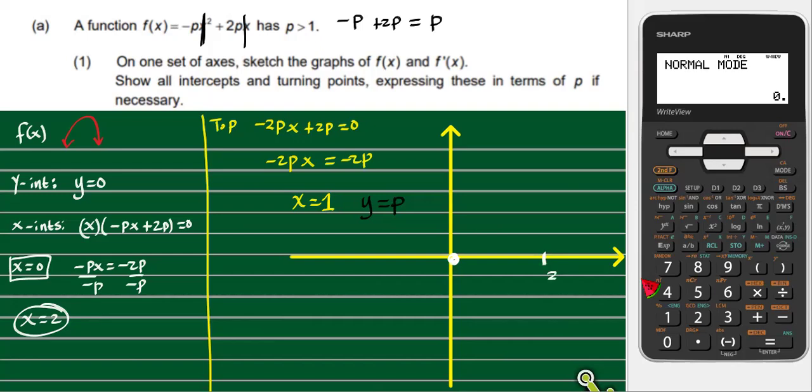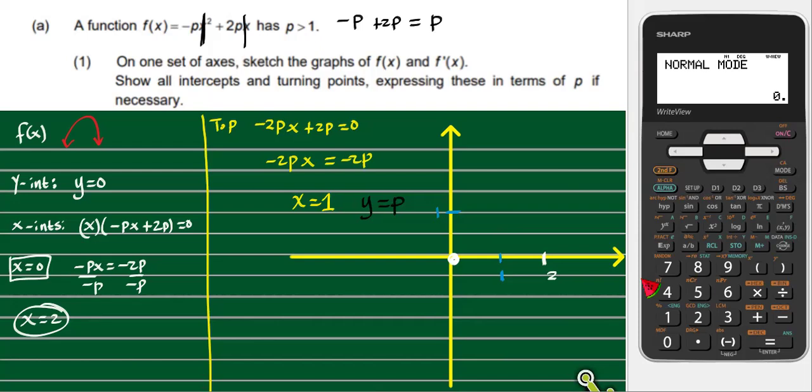In the middle with the blue, I'll put a 1. So the turning point, x is 1, which means it could be here.